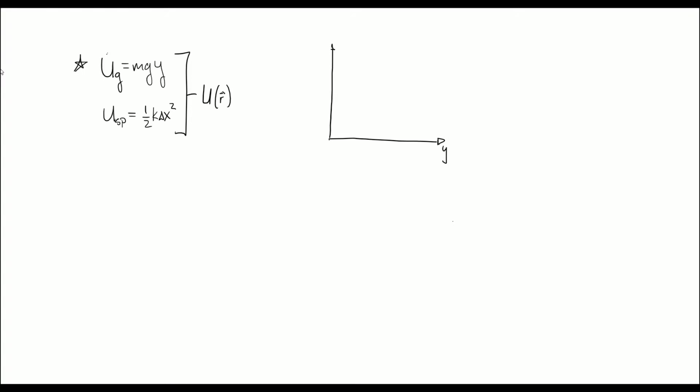If we plot that potential energy as a function of height, what do we get? Well, we have our variable y, and it's just a straight line with slope mg. So we're going to have something that looks like this, and that's our potential energy due to gravity, mg times y.